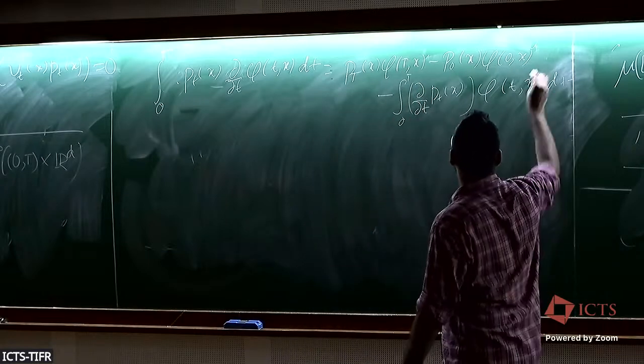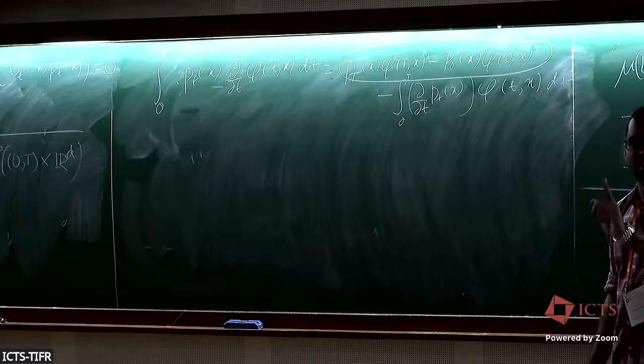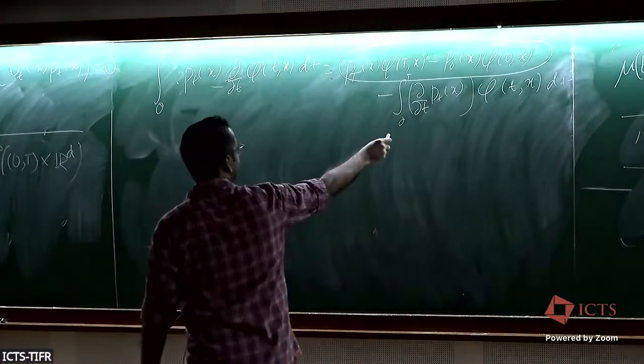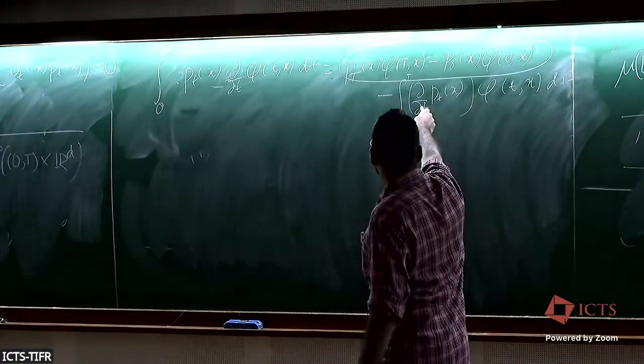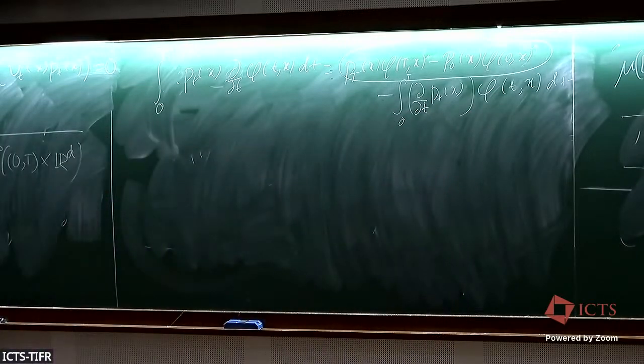Okay, so now what is the value of this? It's 0 because it's by definition 0, right? So now we can actually go and interchange the differentiation. You can plug in the differentiation from φ to p in this, and then we'll get a minus sign.